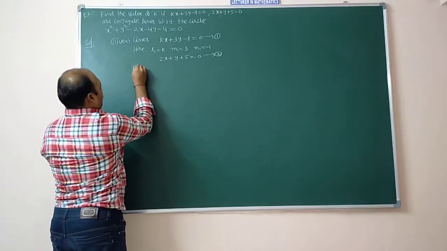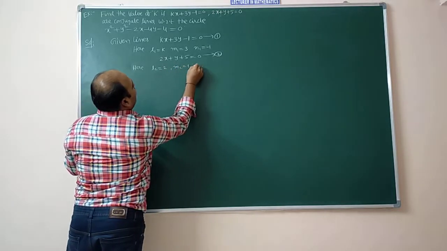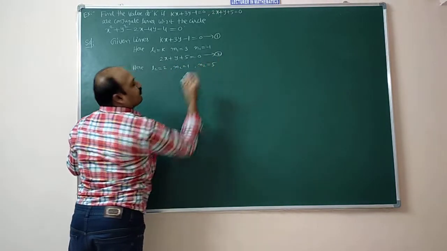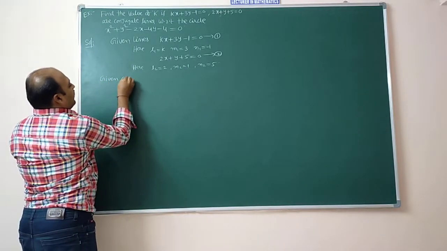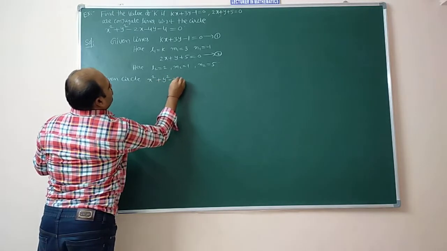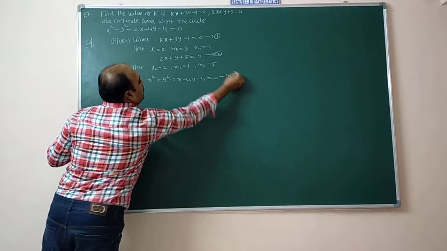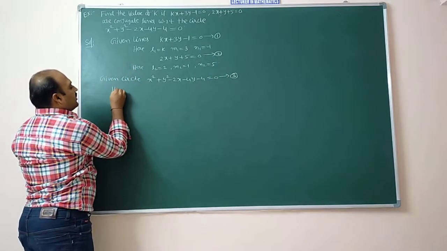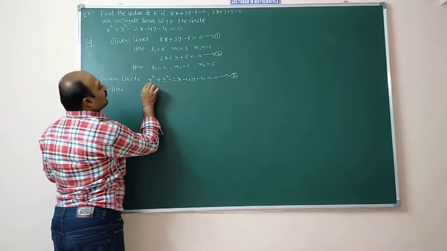Write that L2 is equal to 2, M2 equal to 1, and N2 equal to 5. Next, the given circle, x square plus y square minus 2x minus 4y minus 4 equal to 0, equation number 3. Here, write the values of g, f, and c and calculate the radius.